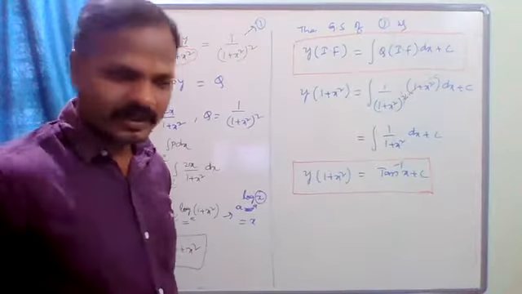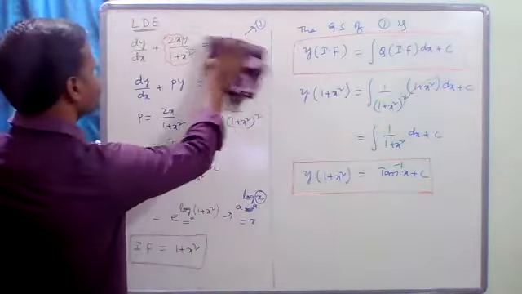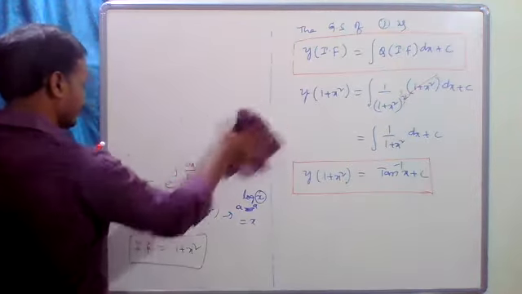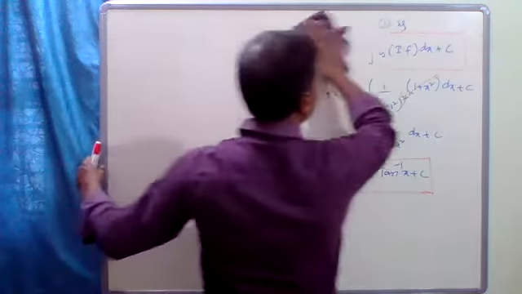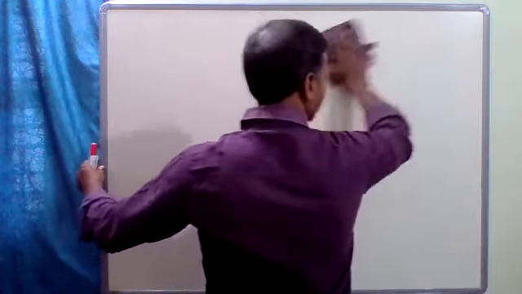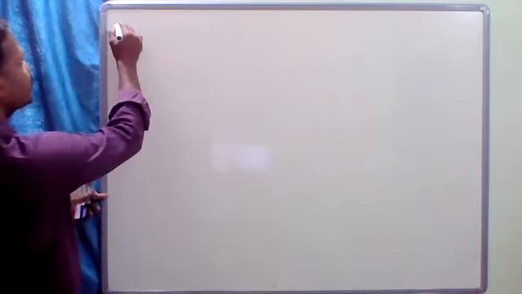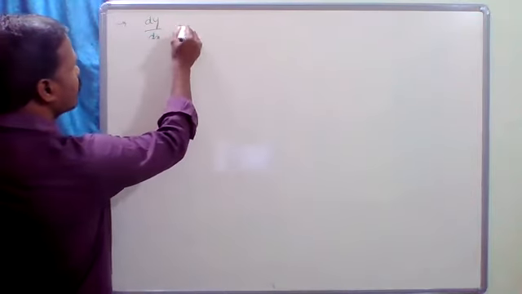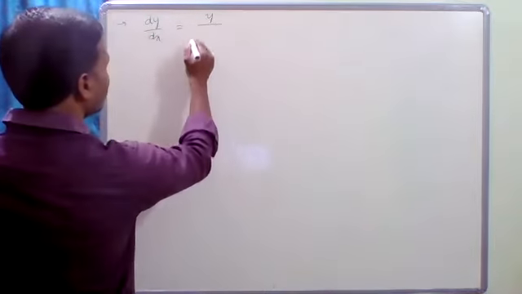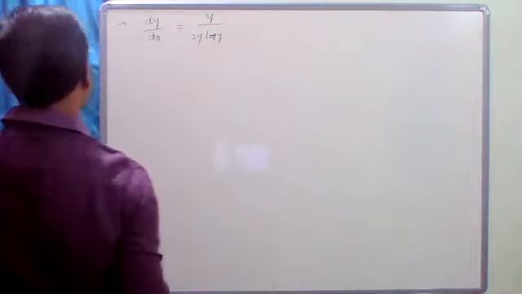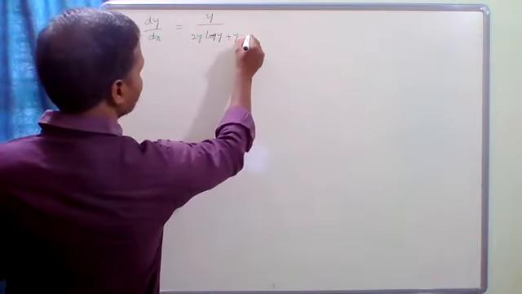Okay, I will give one more problem. So dy by dx is equal to y by 2y log y plus y minus x.